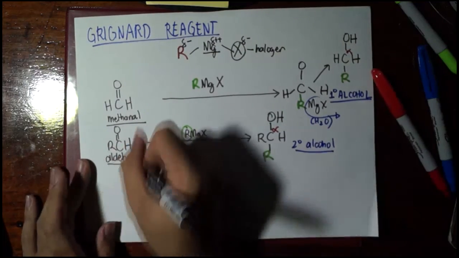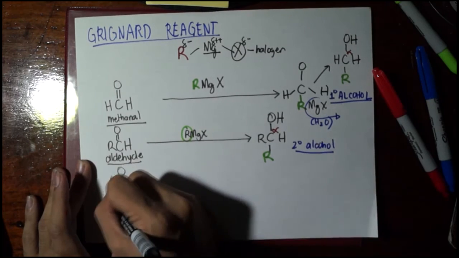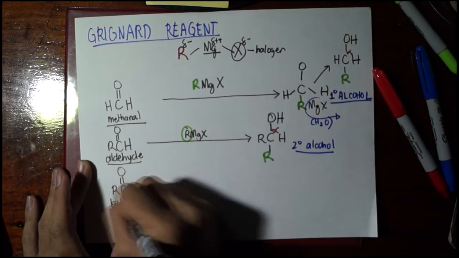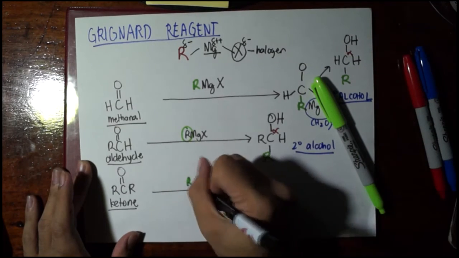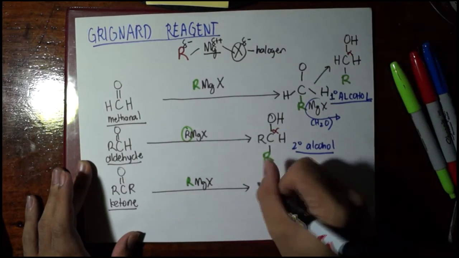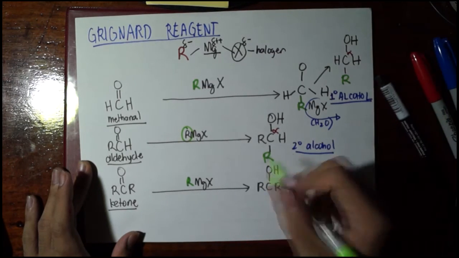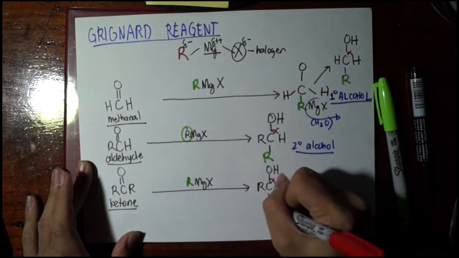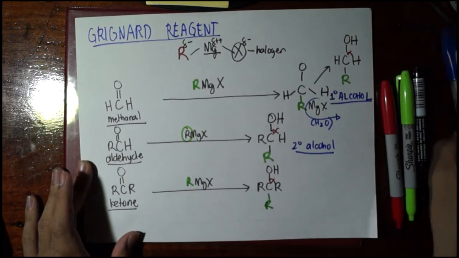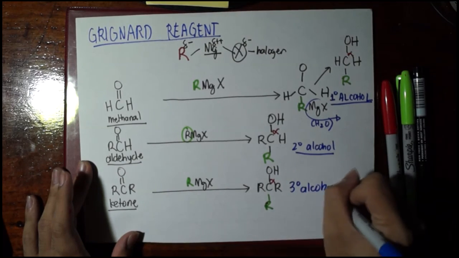And now let's turn this H into another R to form a ketone. Then let's use the same Grignard reagent, RMgX. And as a result, I think you know what's going to happen. OH R. So this is the alpha carbon. It's bonded to 1, 2, 3 substituents that are carbons also. We produce a tertiary alcohol.